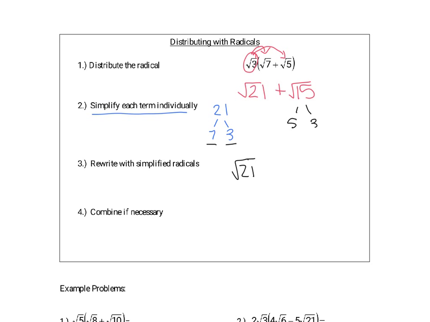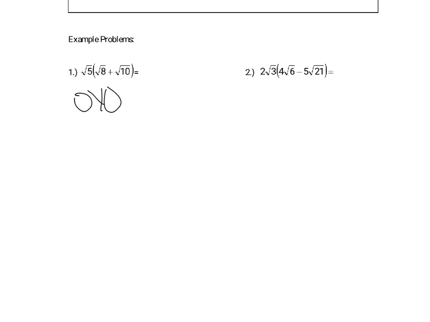It's 5 times 3. That also is the lowest it's going to go. So rewriting it, it's the exact same. Those two, they don't break down. So notice, combine if necessary. In this case, we cannot combine, so therefore that would be our final answer.